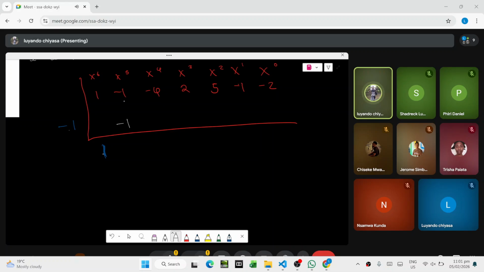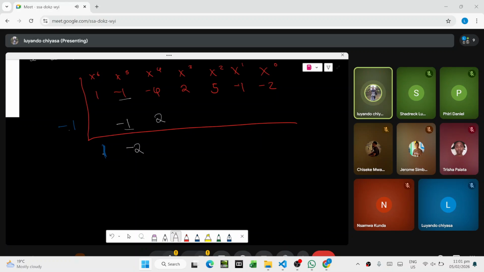Then negative 1 plus negative 1, you get negative 2. Negative 2 times negative 1, you get 2.